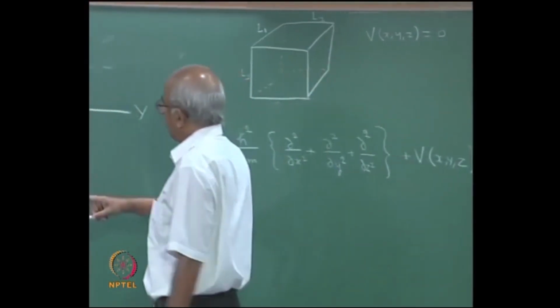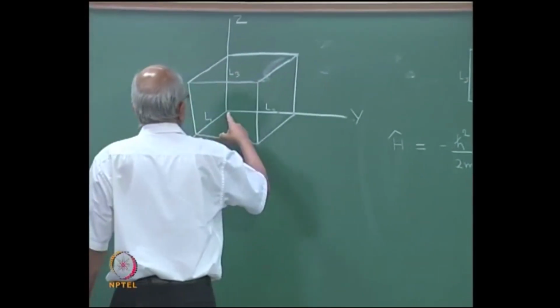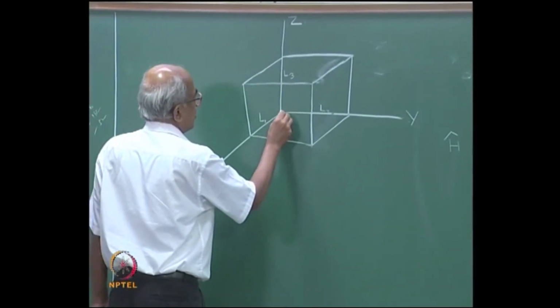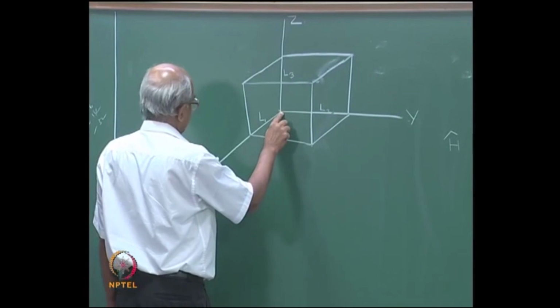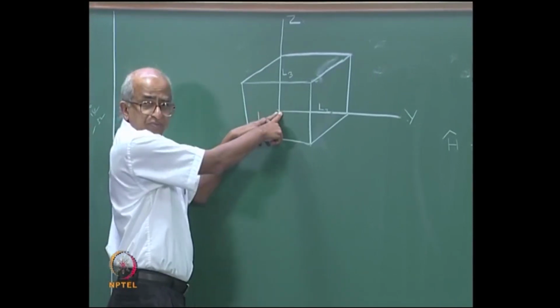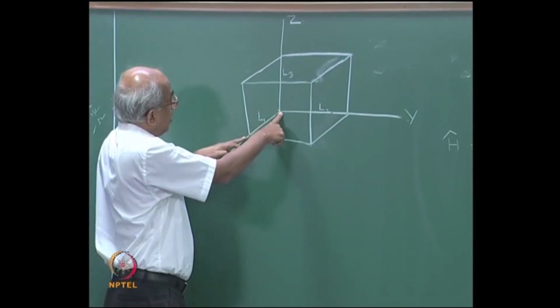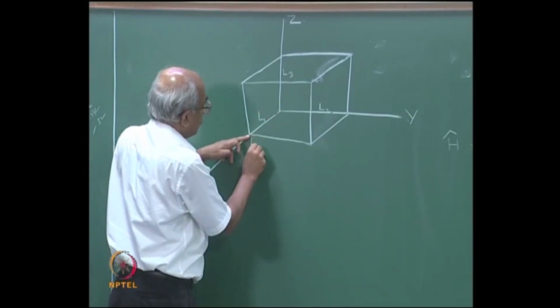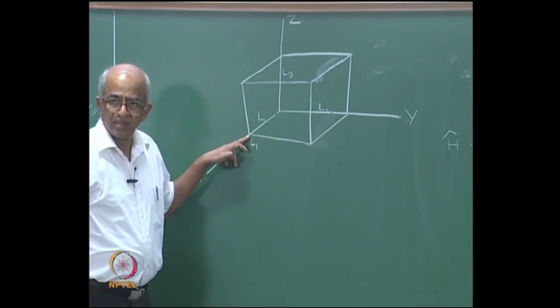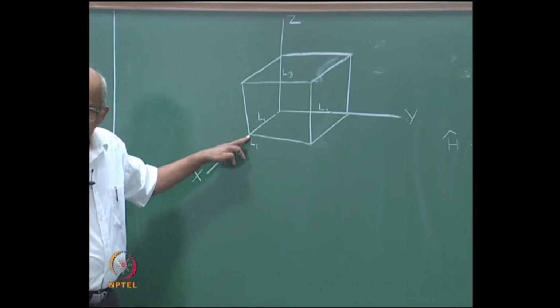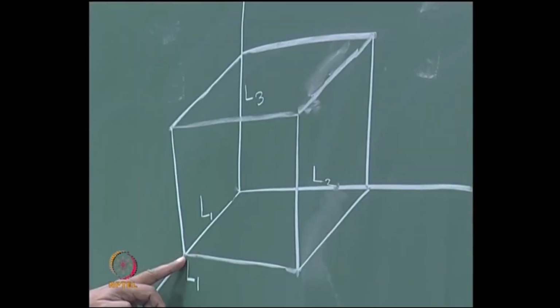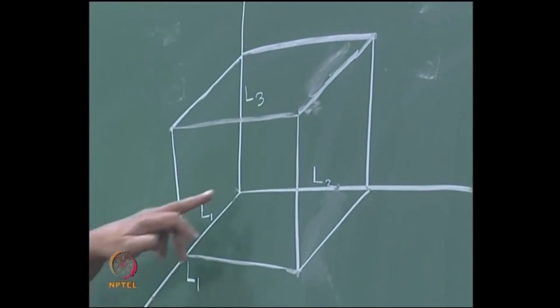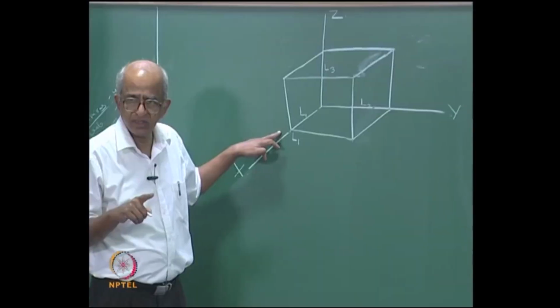Well, you look at the coordinate system, you see your box extends, this point is the origin that has x equal to 0, and if you move along this direction, this is the point with x equal to L1. So, if the particle is within the box, its x coordinate has to be between 0 and L1.